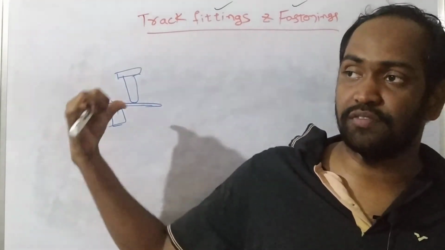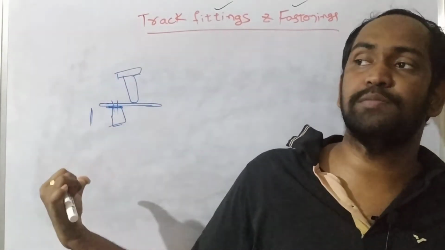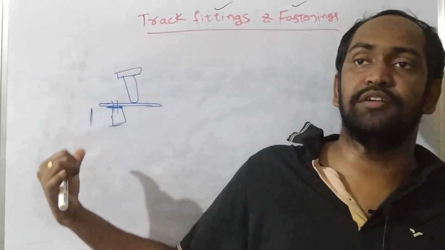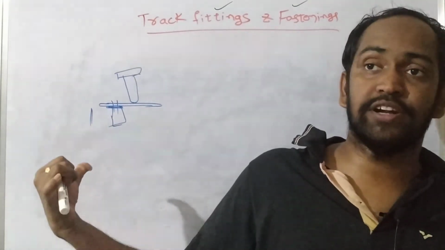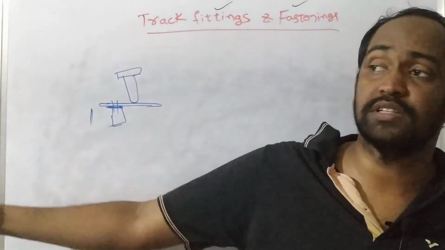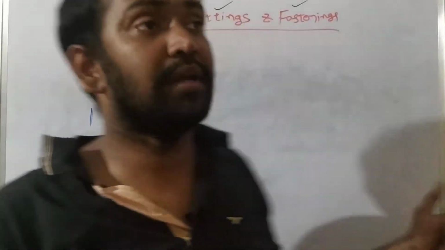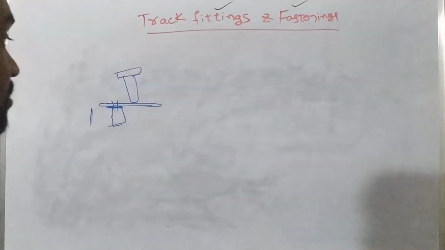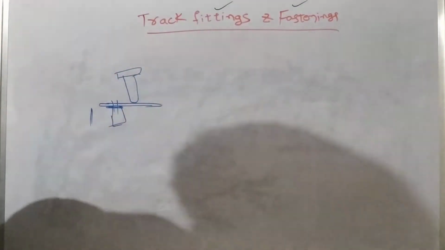When we need to connect flat-footed rails to wooden sleepers, we can use spikes. And when we need to connect flat-footed rails to concrete, cast iron or steel sleepers, we can use bearing plates and bearing bolts. These are the different combinations which we can use.